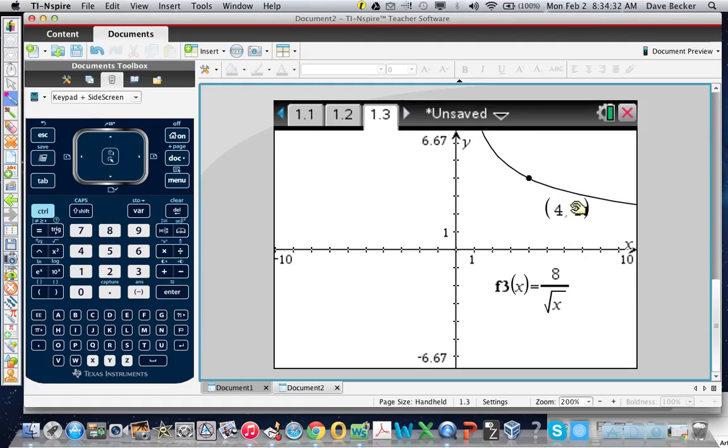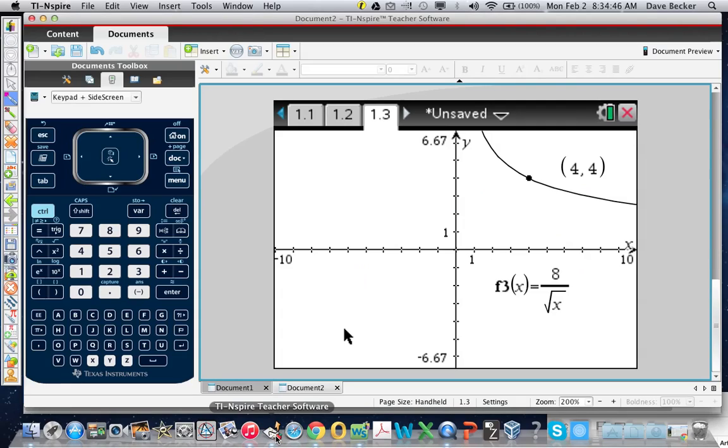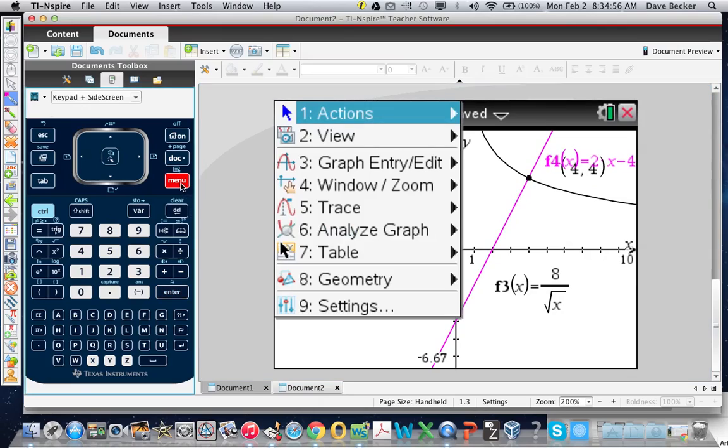So what do we expect? Well, we expect a line to go through that would be perpendicular to the tangent line. And again, we claim that the equation of that line is 2x minus 4. So let's go right back to it. 2x minus 4. And there we go. Does that look to be perpendicular to the tangent line? Well, let me just quickly put the tangent line in there.